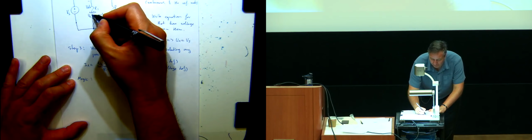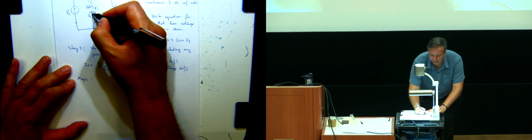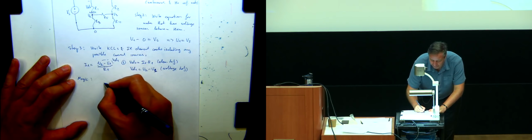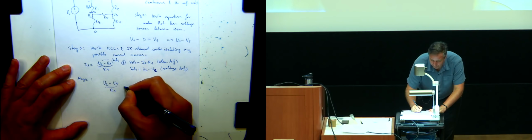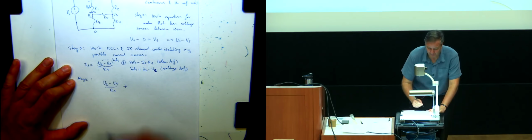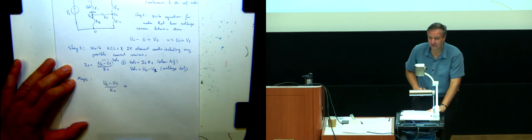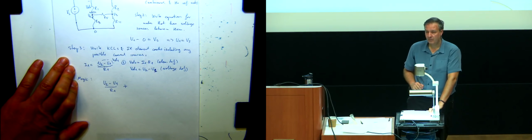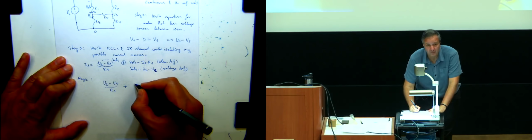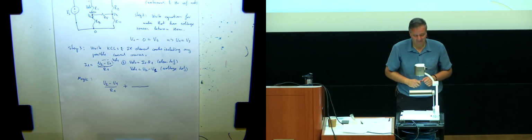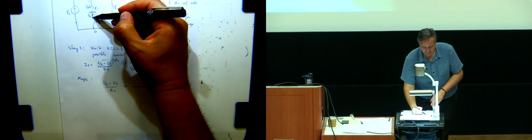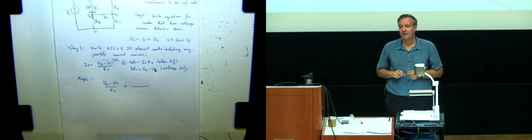Magic is this current up is, we already did it. It's U2 minus U1 over R1. Plus, this current down is what? How do I write this current down?